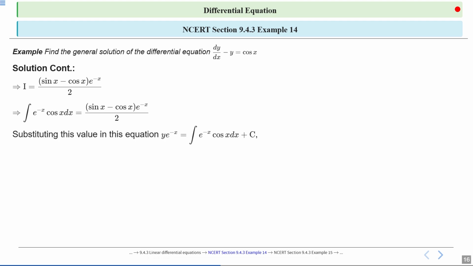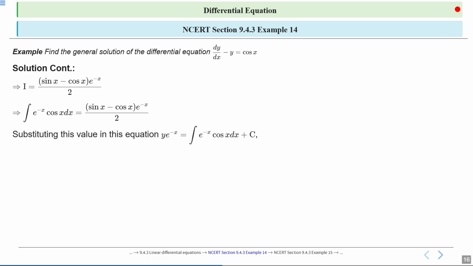So substituting this value in this equation, y into e to the power minus x is equal to integration of e to the power minus x cos x dx plus c. So now we have the value of integration of e to the power minus x cos x dx. So just substitute the value.